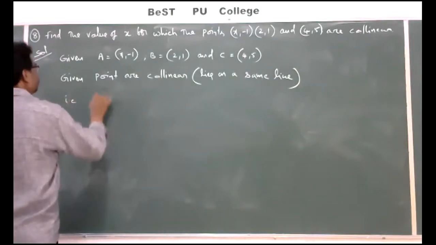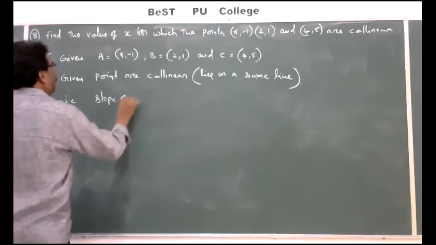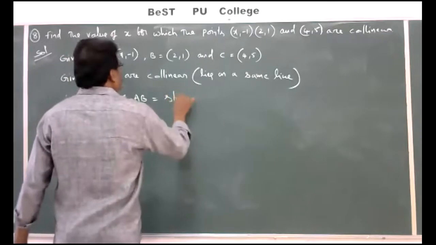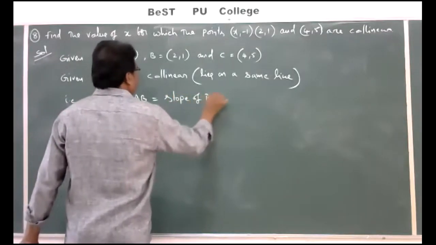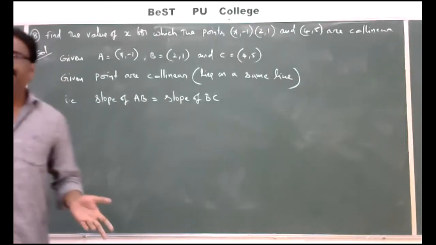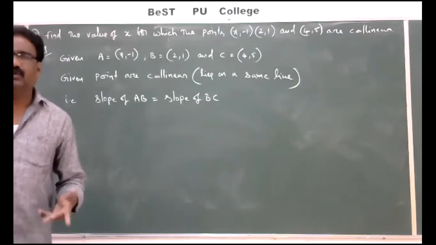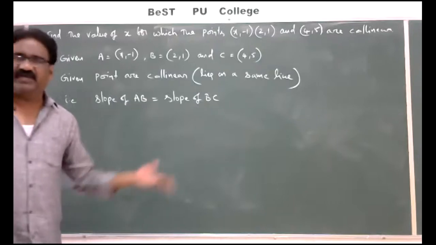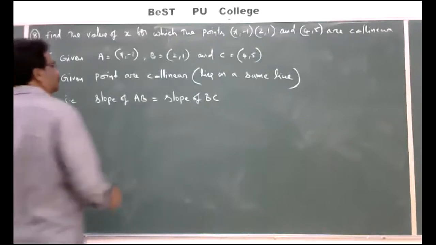That is, slope of AB is equal to slope of BC. If the given 3 points are collinear, then slope between AB is equal to slope between BC is equal to slope between AC. That's why just slope of AB is equal to slope of BC.